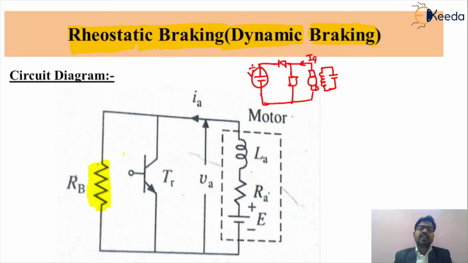What is the difference between regenerative braking and rheostatic braking? Friends, in rheostatic or dynamic braking, we replace this source of voltage by means of a resistance. That is the very basic difference, because in regenerative braking the energy stored in the armature circuit of the motor is fed back to the source V. But in dynamic braking, we replace this source of voltage with one resistance, called the braking resistance RB.